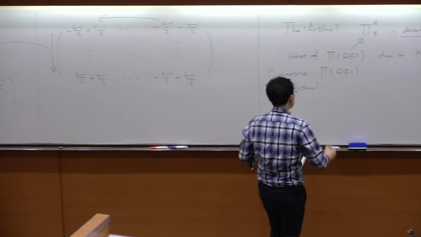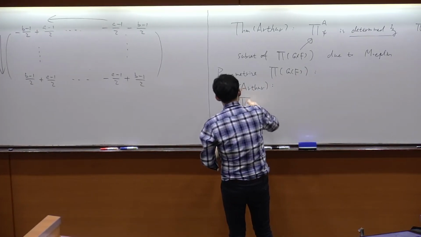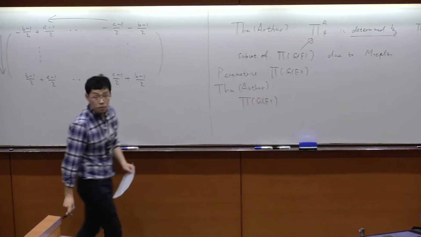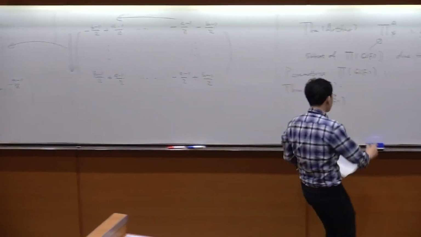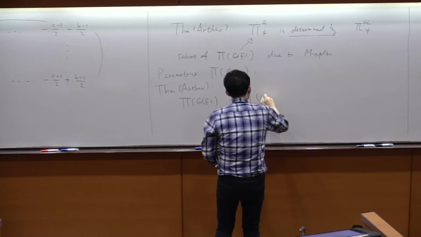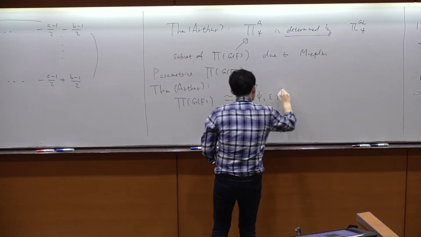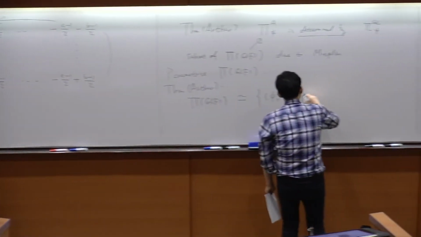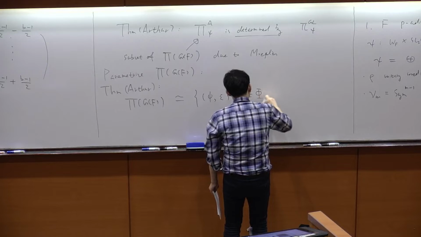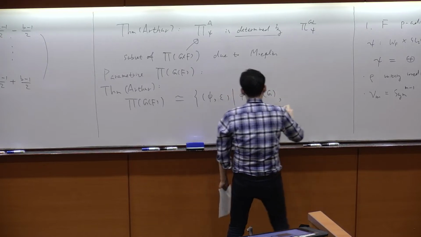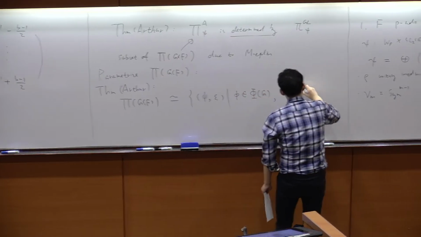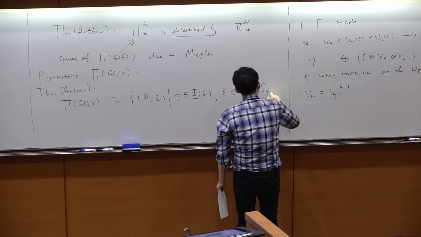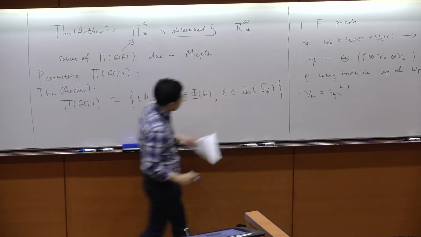It says that if we look at all the irreducible representations, then there's a bijection with the set of pairs phi, epsilon, where phi is a Langlands parameter, and epsilon is an irreducible representation of S phi.